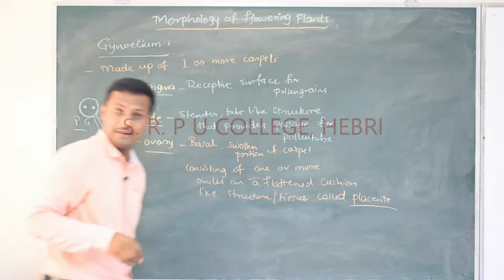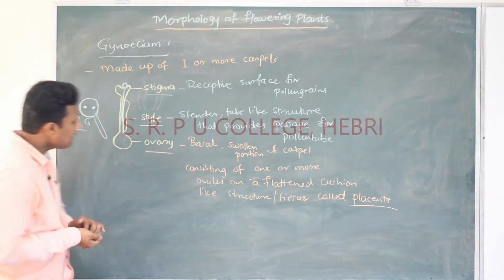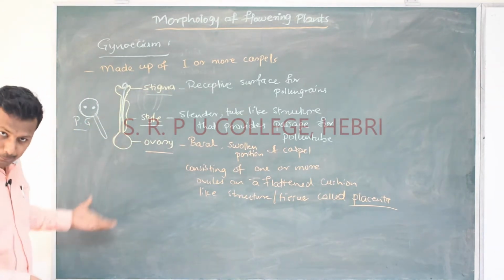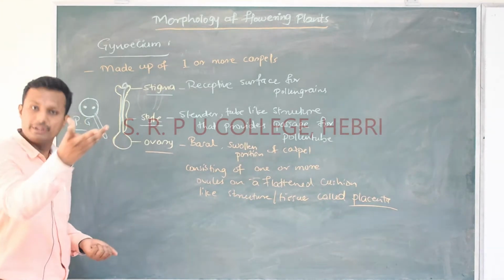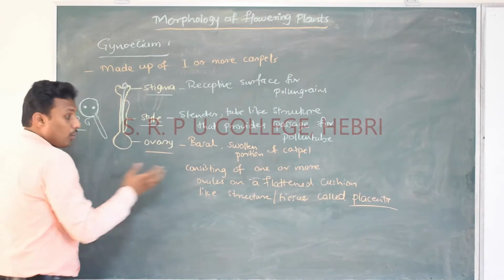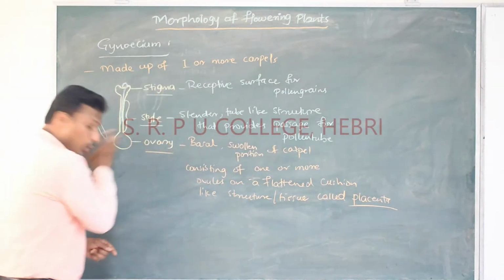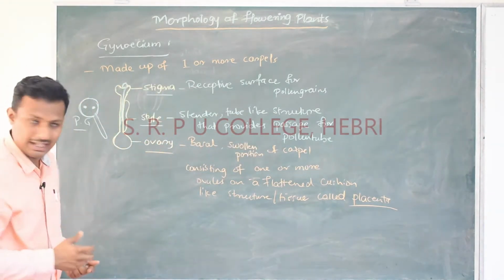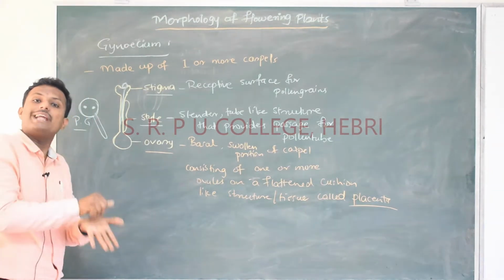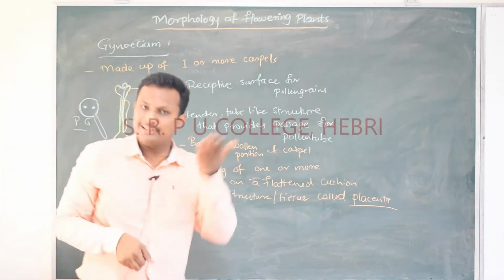What is the meaning of this? See, it is the basal portion of the carpel, and it is swollen, right? So it is swollen to contain one or more ovules. Inside the ovary there are ovules, and those ovules are arranged on a flattened cushion like tissue.